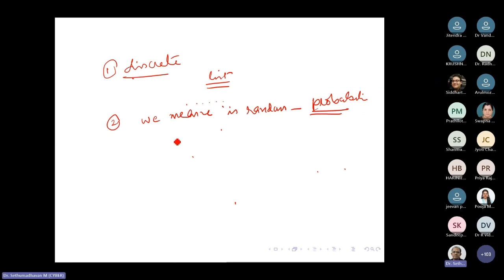However, we know that some values are more likely than others. So there is a probability attached to each value.